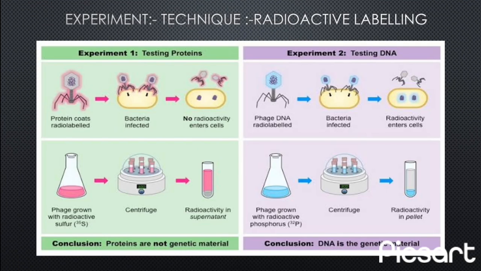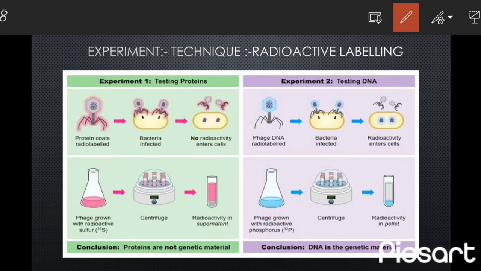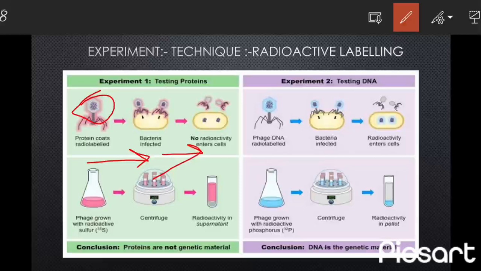Now coming to the experimental part, two experiments were performed. In the first experiment, testing of proteins was done, and in the second, testing of DNA was done. In testing of protein, the protein coat present outside the bacteriophage was labeled with 35S. Then the infection was done on bacteria, but no radioactivity was observed inside the cell, because these are protein coats.